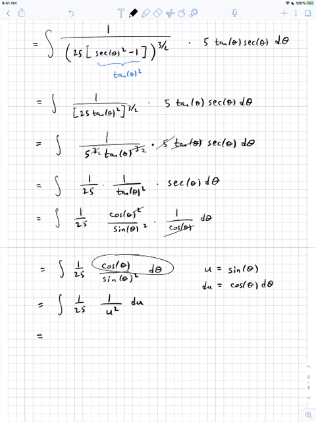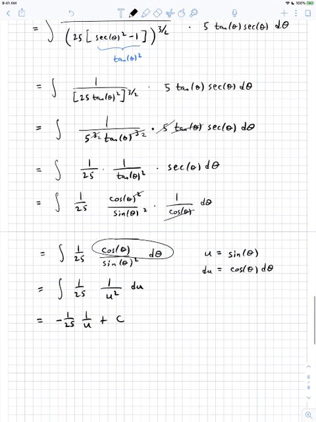So this is going to give you 1 over 25, and the antiderivative of u to the negative 2 is minus 1 over u plus a constant. So now we just remember that u is equal to sine of theta, so we have minus 1 over 25 times 1 over sine of theta plus c.